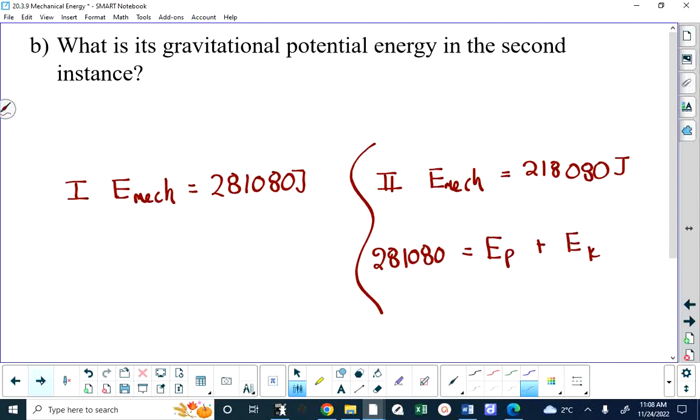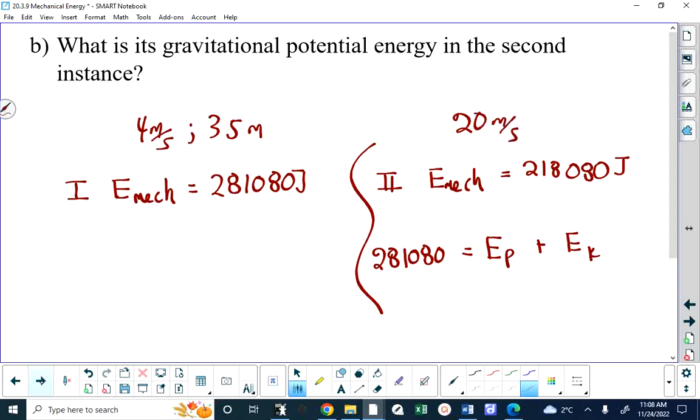It's just at a different place now. This is the place where it's moving at 4 meters per second and has a height of 35 meters. This is the place where it's moving at 20 meters per second.